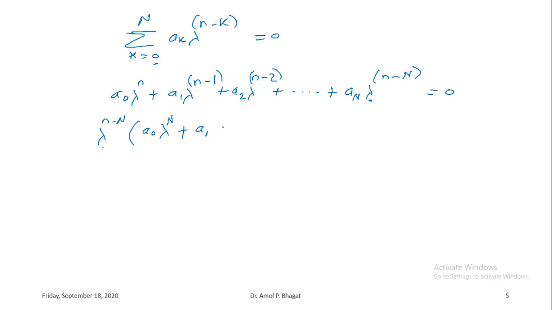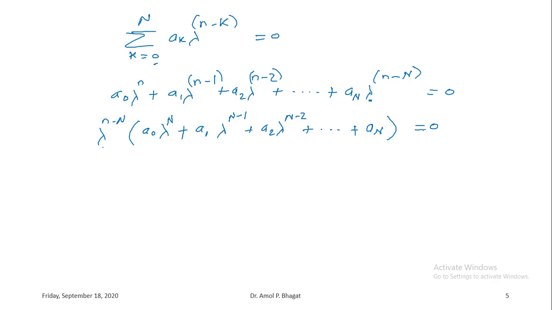Similarly, a1 will get lambda to the power capital N minus 1, plus a2 lambda to the power n minus 2, plus and so on, plus an, is equal to 0.